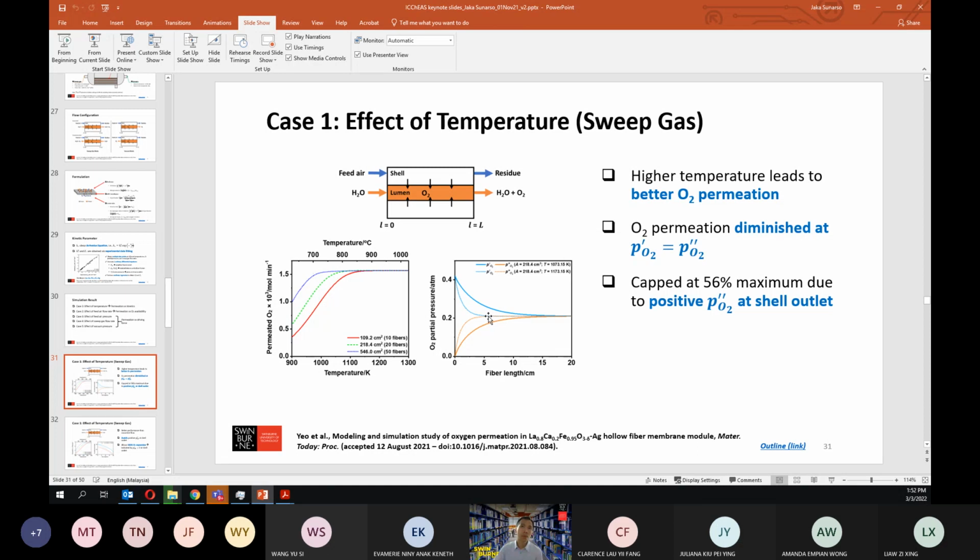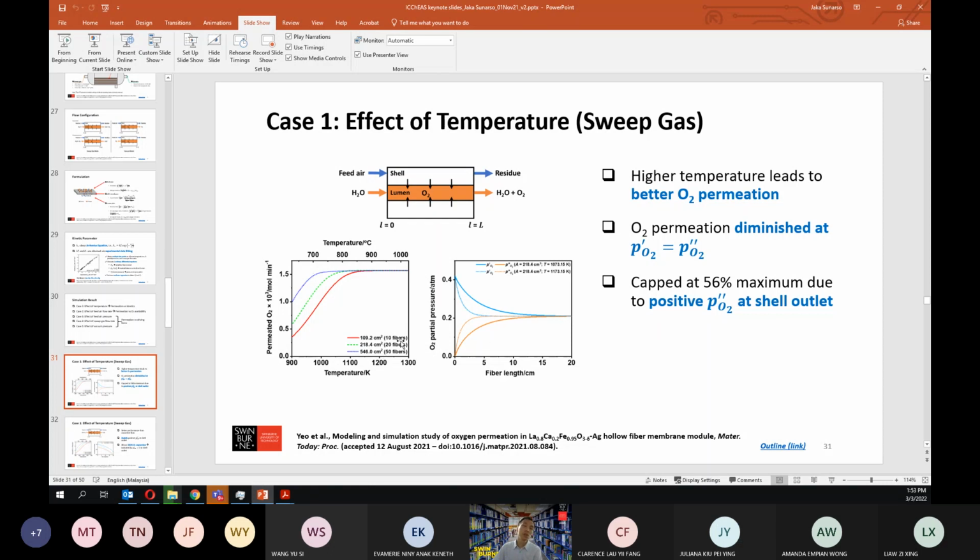Okay, so when you go to a higher temperature, you can see that the equilibrium point is stretched to a higher fiber length. So the higher temperature favors a much better transport process because you can have more diffusion over longer fiber length.